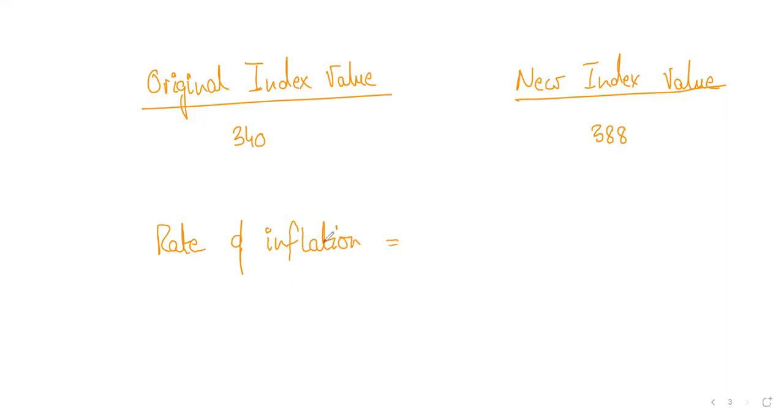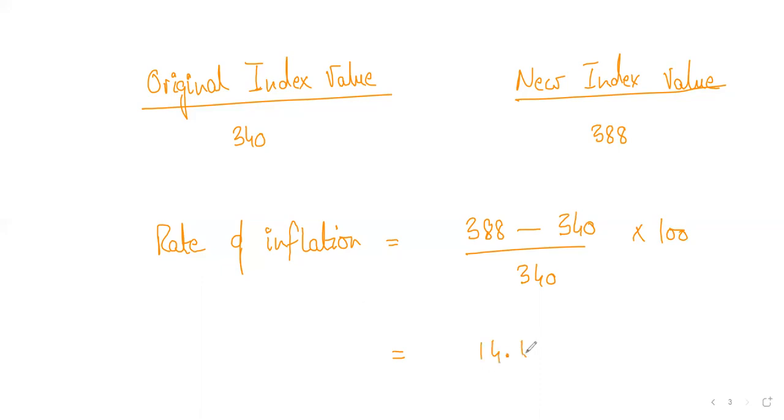So what's the formula for percentage change for any variable? New value, which is 388 in this case, minus old value, which is 340, divided by old value, which is 340, into 100. When you do this calculation, that will give you the final rate of inflation in that country, which turns out to be 14.12, right?